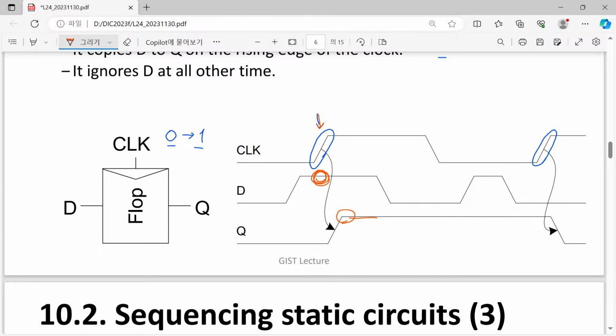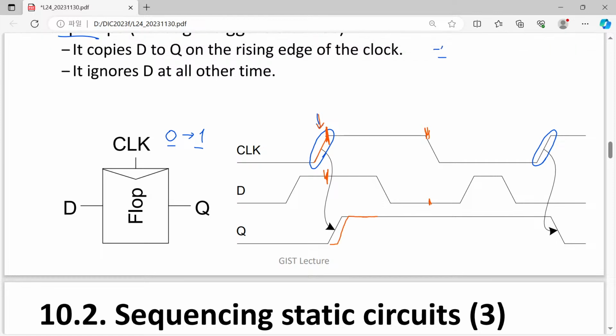For example, if this is a latch, then there will be a certain form like this instead of this edge triggering. Since the clock becomes 1, in this time scale it will be sensed, and with a little delay it will be copied. That will be the behavior of our latch output.